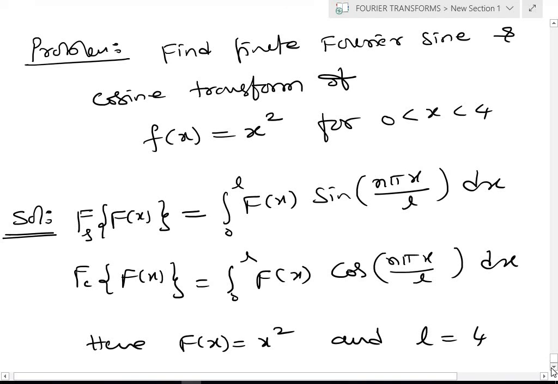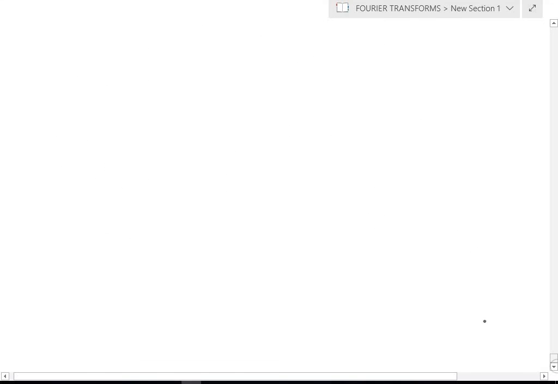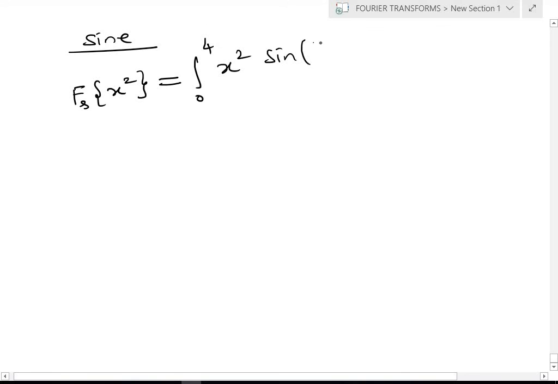So now first we'll take the sine transformation, that is the sine transformation of the function x square will be 0 to upper limit 4, the function x square sine of n pi x by 4 into dx. Now we need to perform the integration by parts.